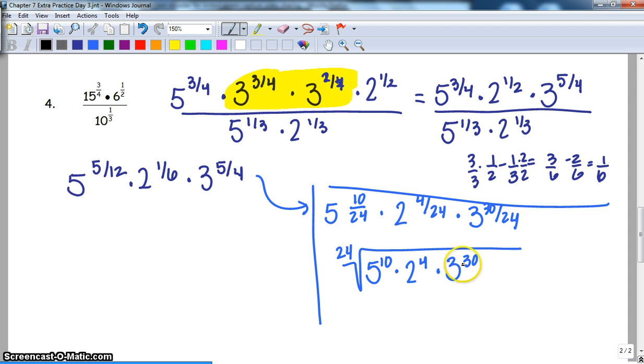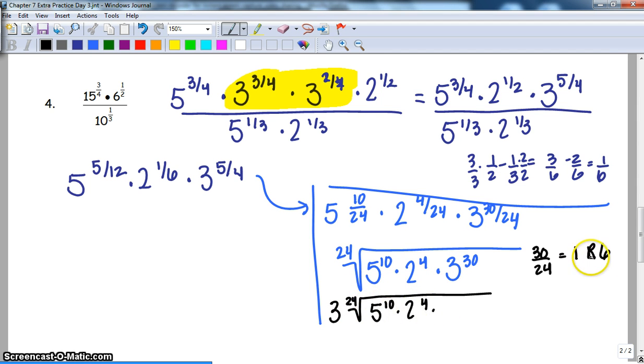Now, you got to remember, this exponent is larger than this index. So 30 divided by 24, that's going to be 1 with a remainder of 6. That means 1 3 can come out. So rewrite all this other stuff. And 6 3s remain inside. This is going to be an enormous number, so you would just leave it like this. But your exponents have a common factor with this root, so that means you are not done yet. 10 over 24, 4 over 24, 6 over 24, all of that can be reduced.